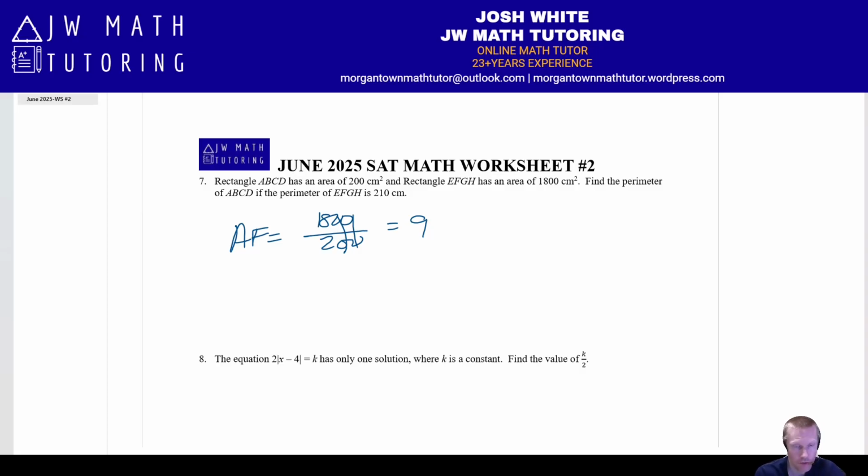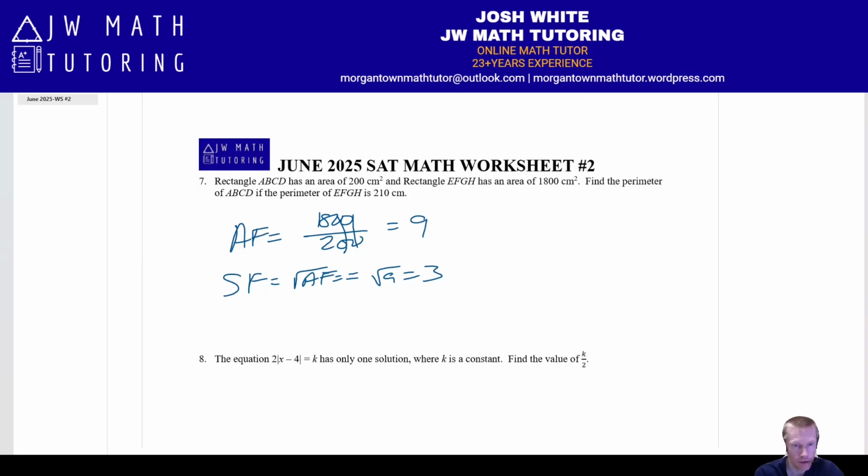I should mention, it does technically need to say in the problem that the rectangles are similar, so I'll correct that on the worksheet as well. That means the scale factor, which is the square root of the area factor, is just going to be 3, i.e. each side in the larger one is 3 times the length of each side in the smaller one.